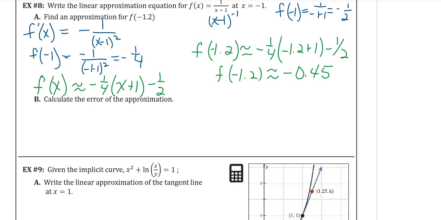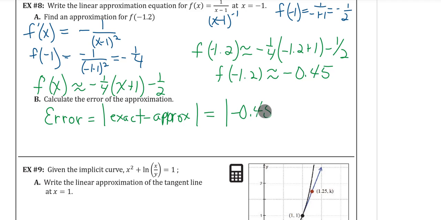Okay, so now we're supposed to calculate the error of the approximation. Just to recall, our error is the absolute value of the exact minus the approximation. Our exact value, if you substitute that in the calculator, is a repeating negative 0.4545.